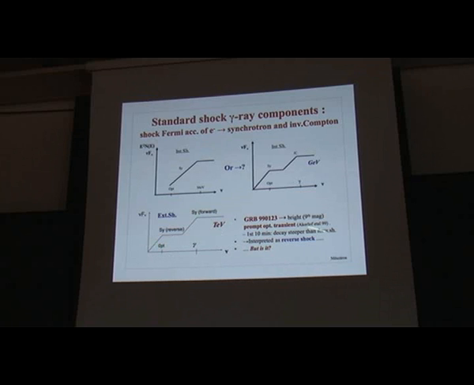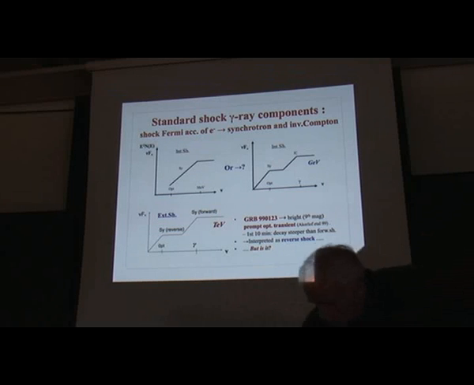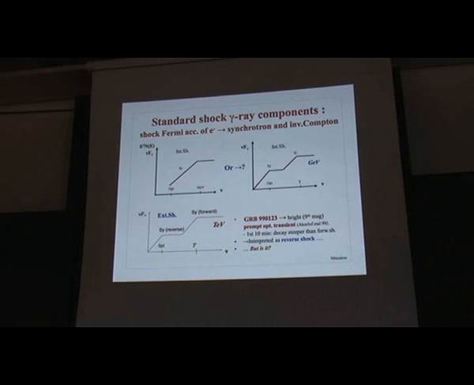Now the prompt emission in many bursts, starting with 990123, could in principle be interpreted as the synchrotron reverse shock, and then one would say that the rest of the prompt emission is internal shocks. But of course, you could have a situation where you get prompt optical emission from the internal shocks as well.